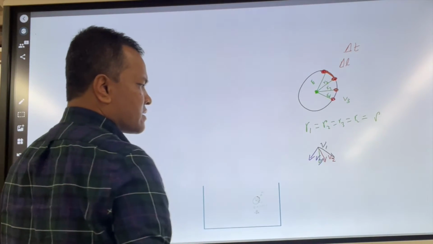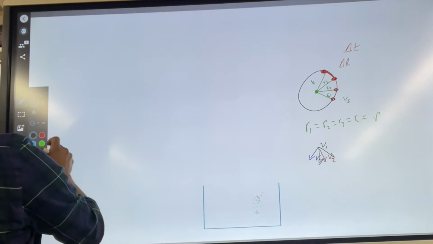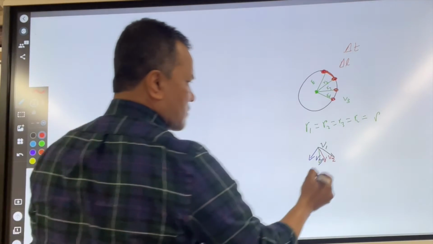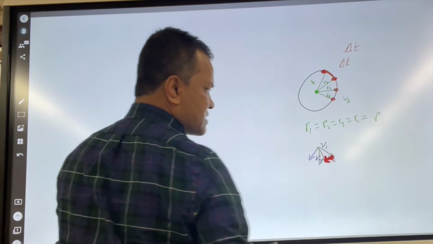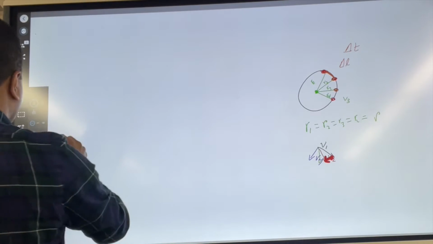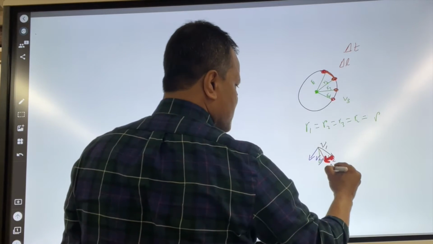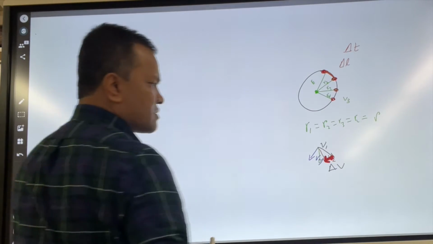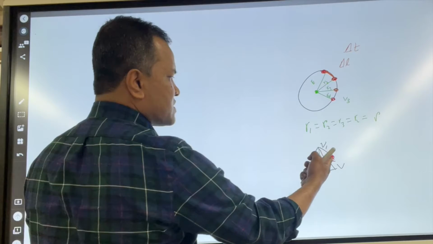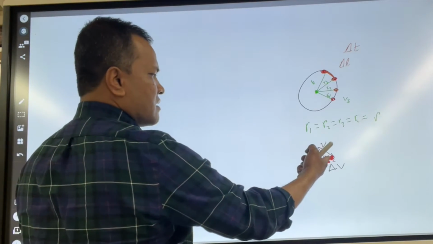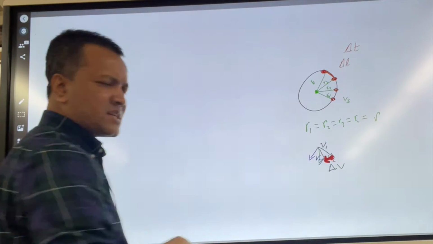So what do you see here? You see the change in velocity. This is the change in velocity, so I'm going to write the change in velocity right here.